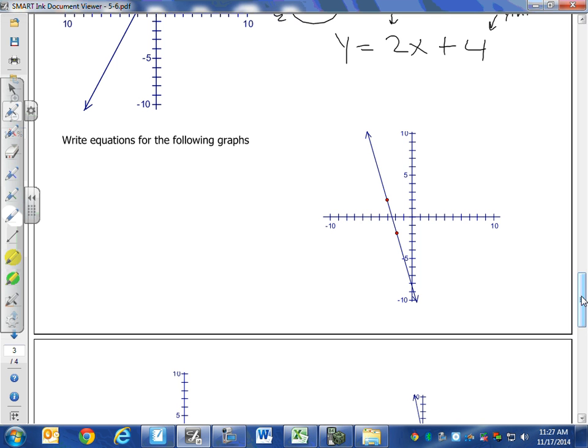I'm given 2 points, -3, 2, and -2, -2. Those are a point. And it looks like I have a y-intercept down there.